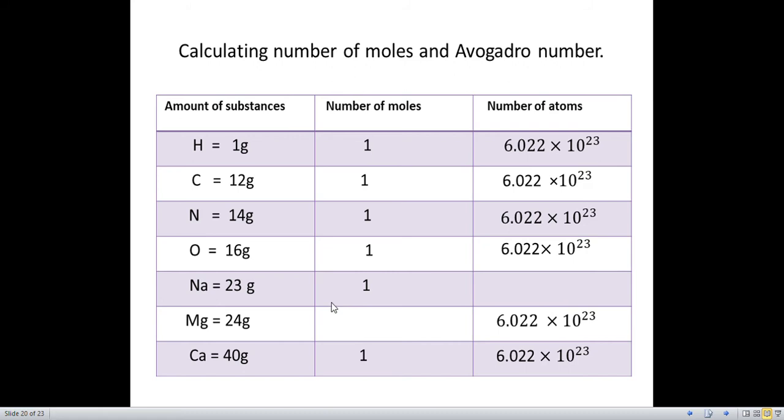Sodium 23 grams, number of moles 1, and number of atoms, can you guess? The same number. Magnesium 24 grams, how many moles? 1 mole, and the atoms also Avogadro constant number 6.022 × 10^23. Calcium 40 grams, 1 mole, 6.022 × 10^23.